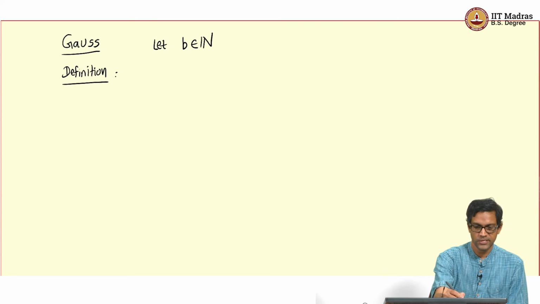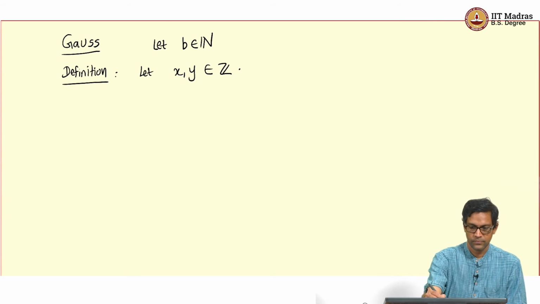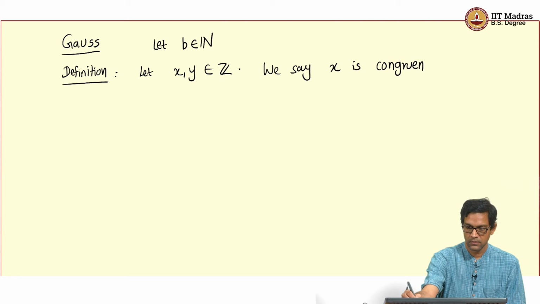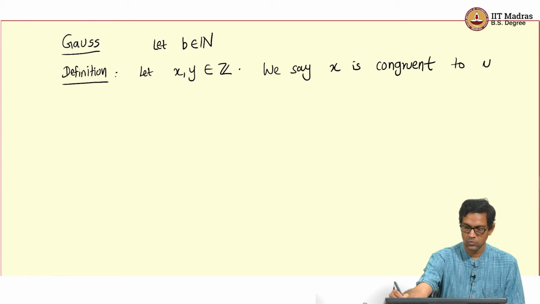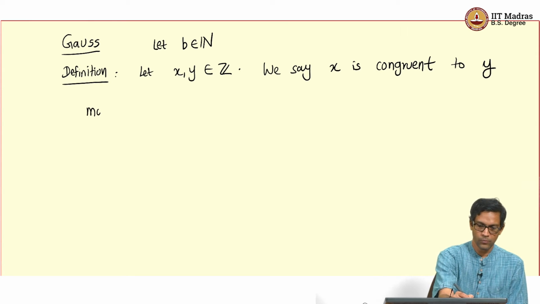Two integers x and y, we say that x is congruent to y modulo b.